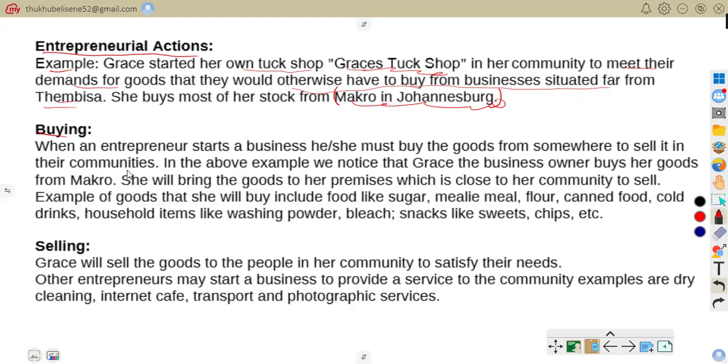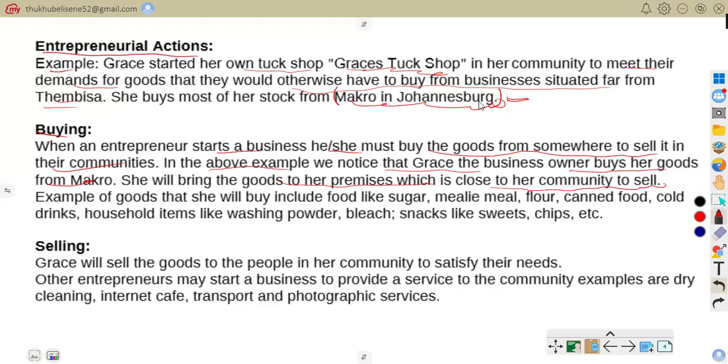It says buying: when an entrepreneur starts a business, he or she must buy the goods from somewhere to sell in their communities. That's what Grace did. In the above example, we notice that Grace, the business owner, buys her goods from Makro in Johannesburg. She will bring the goods to her premises, which is close to her community, to sell.